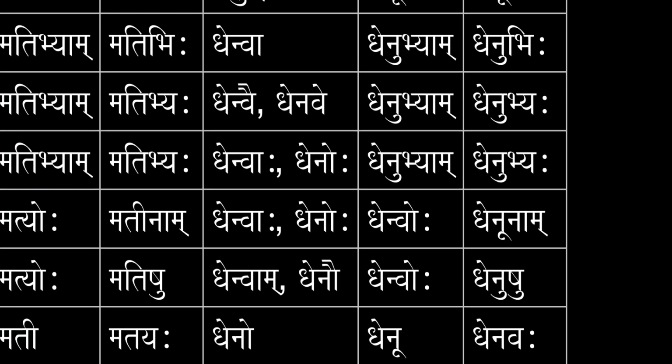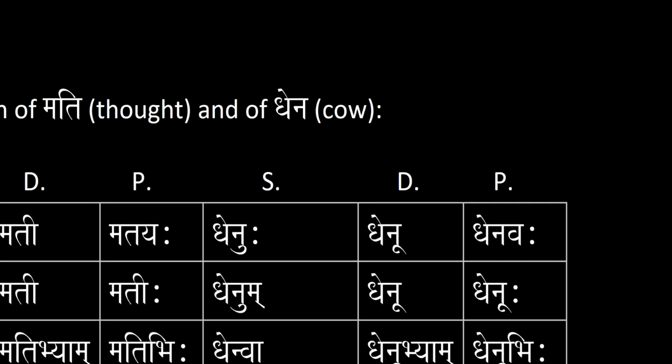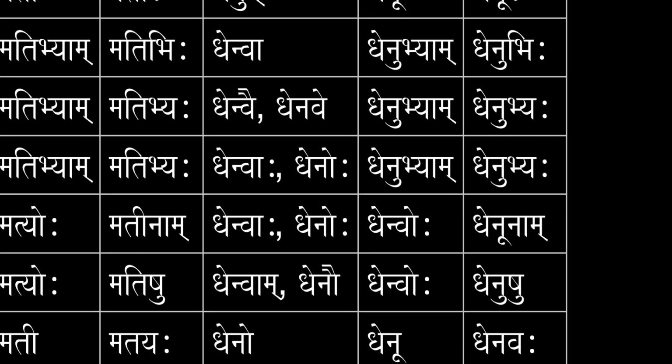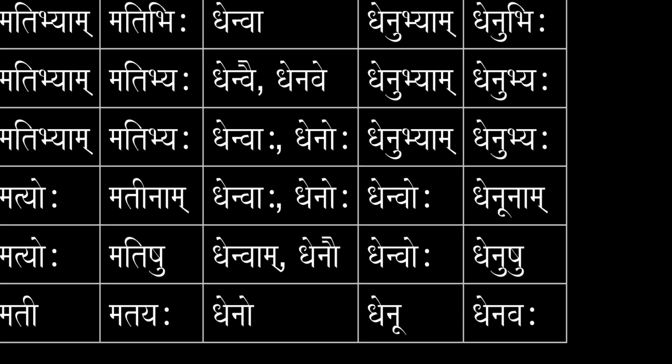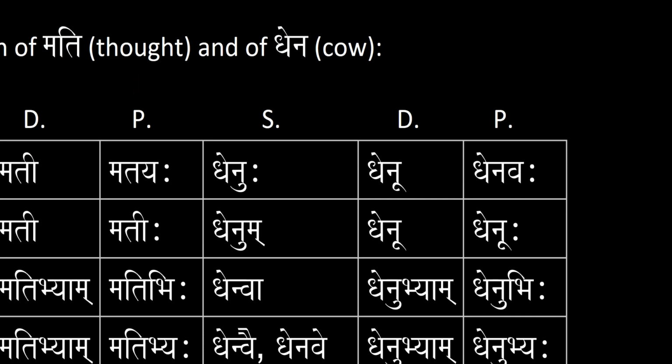Another example: remember when you are removing the u, it's technically a half na, so you end up with dhen, and then you would add your case endings. So you have dhen, and then woho is added, so you end up with dhenwoho for genitive dual, for example. Let me add back the u to make it dhenu.